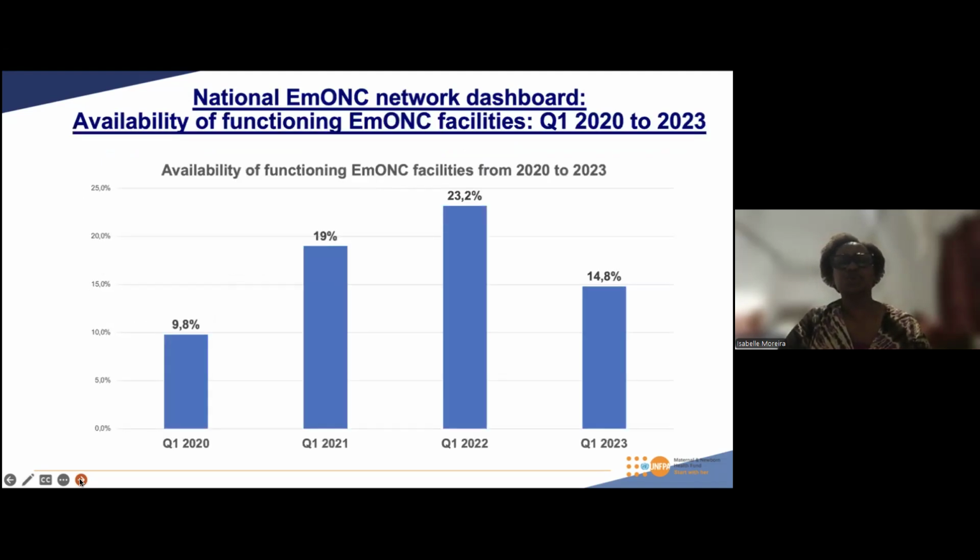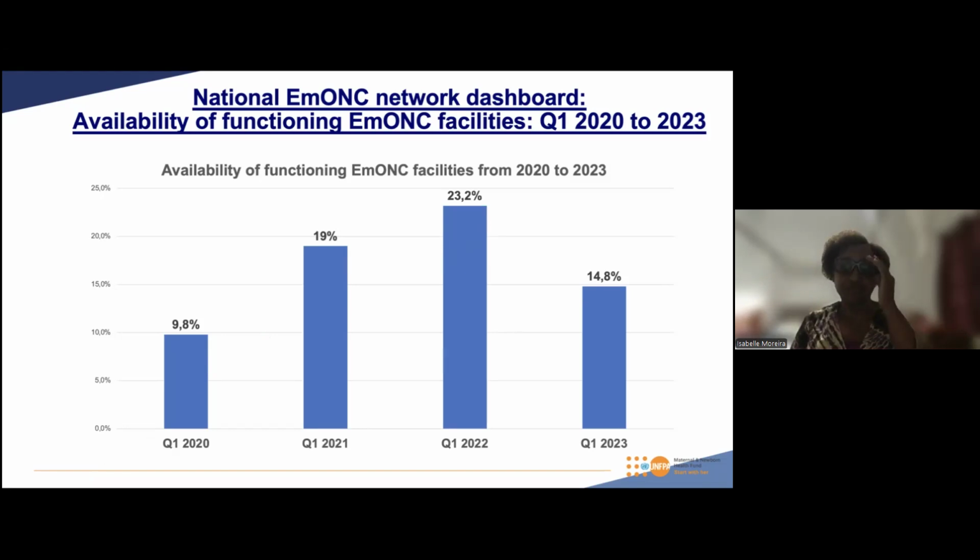Just to show you, because we don't have enough time to share everything, this is something important: the availability of functioning EmONC facilities, basic and comprehensive, from 2020 to 2023. I just take the first quarter of these four years, and you can see that it went from 9 to 23 and fell down again, because it's challenging to get all the human resources in those facilities and to have all the drugs, because it's really tracked.